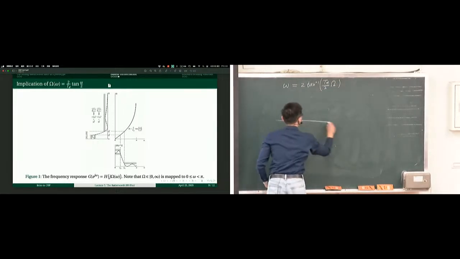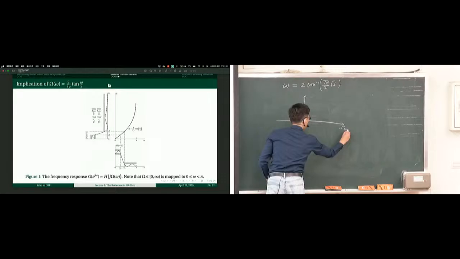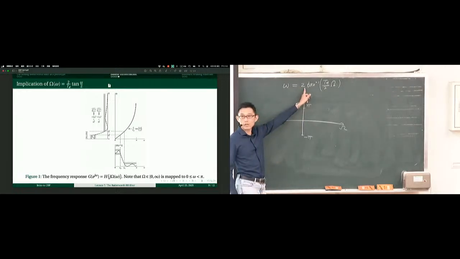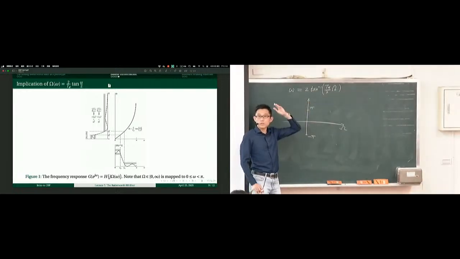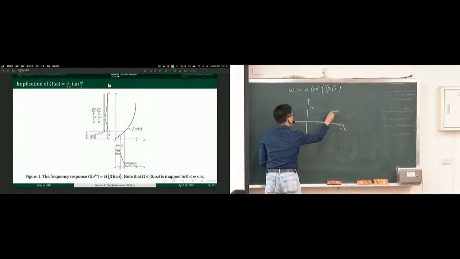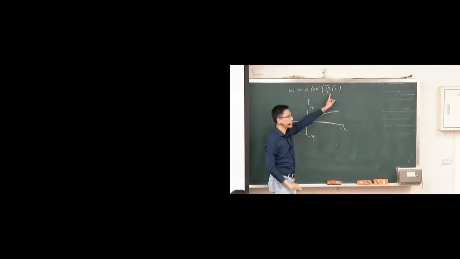Arctangent does the compression job. It maps the entire real line to somewhere between plus pi and minus pi, because of the factor 2 here. The arctangent goes from pi over 2 to minus pi over 2. With a factor of 2, the entire frequency axis is mapped to the finite interval between minus pi and pi, and the slope depends on the parameter T_d, which is not that important.